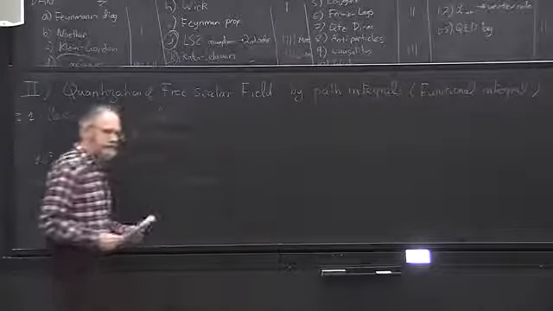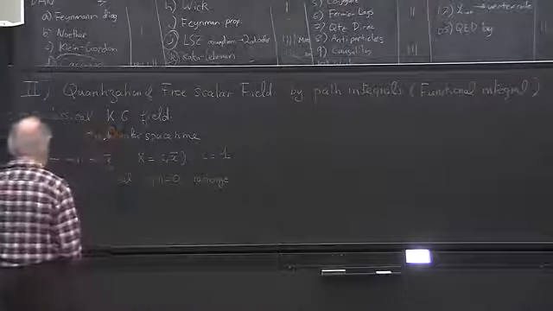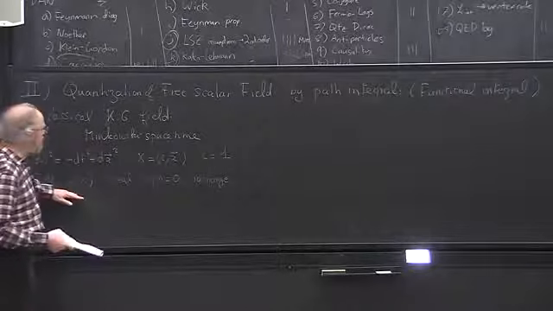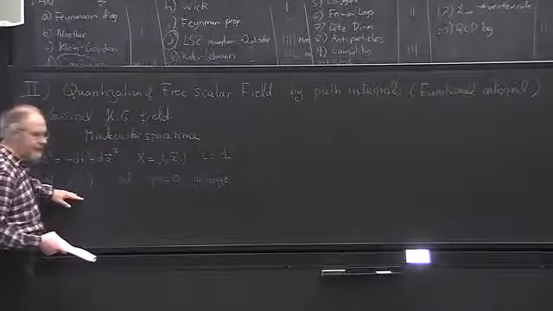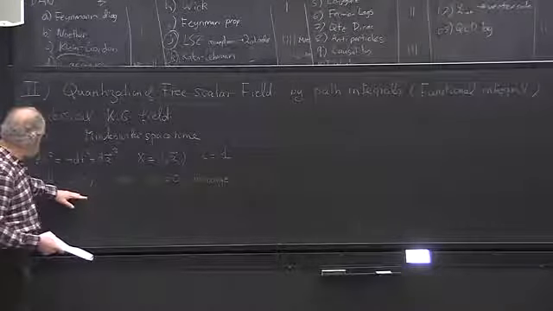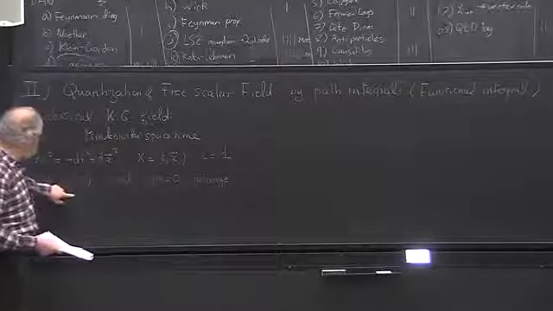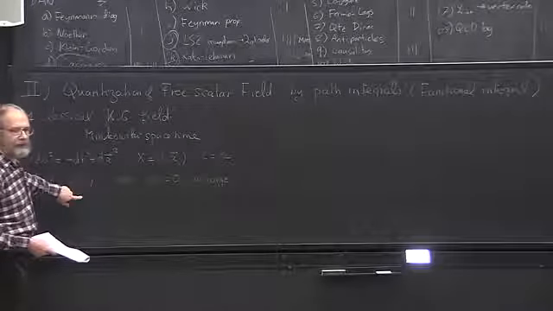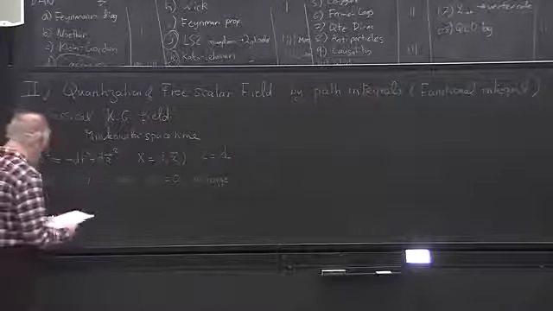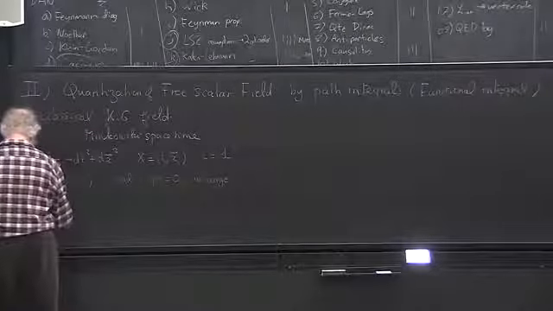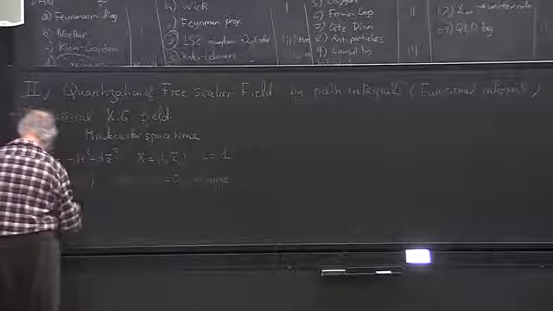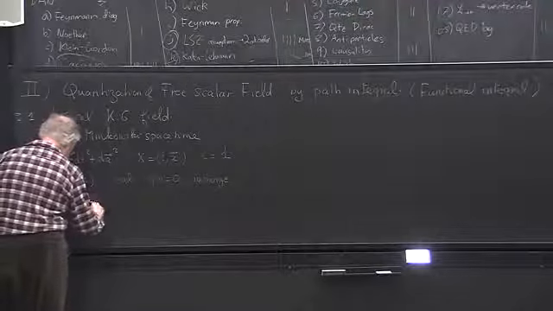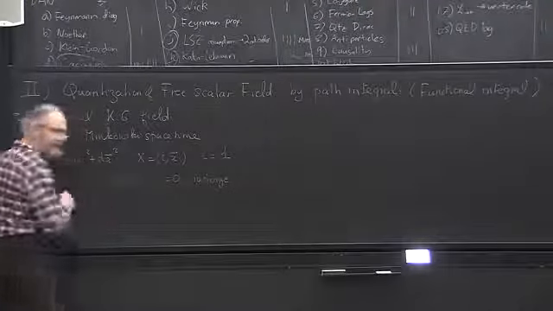Okay. And so at that level, it's a classical field, and we want to quantize a field whose equation of motion is the Klein-Gordon equation. So for this, we use the action. The action is a functional of field configuration.